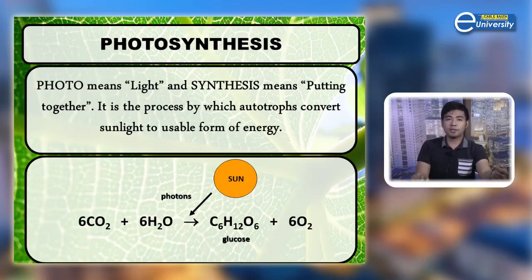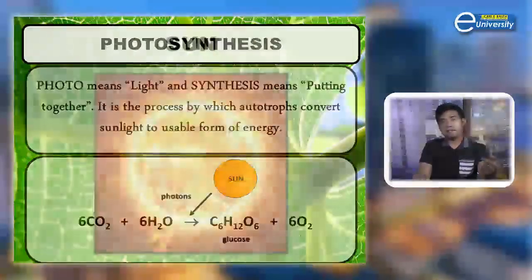For the chemical equation for photosynthesis, we have six molecules of carbon dioxide added to six molecules of water. Using the sunlight or the energy coming from the sun, we can yield one molecule of glucose, or C6H12O6, together with six molecules of oxygen as the byproduct.